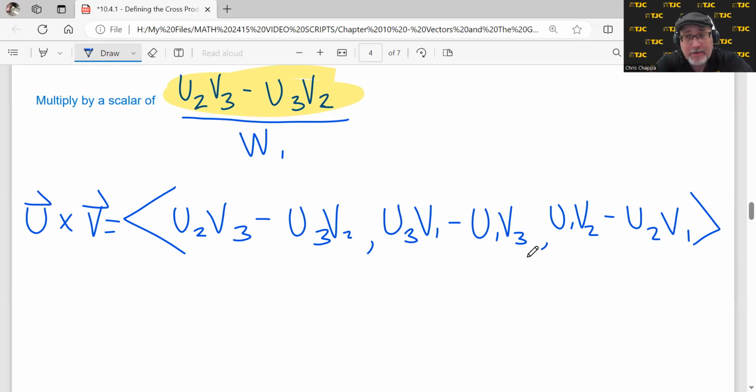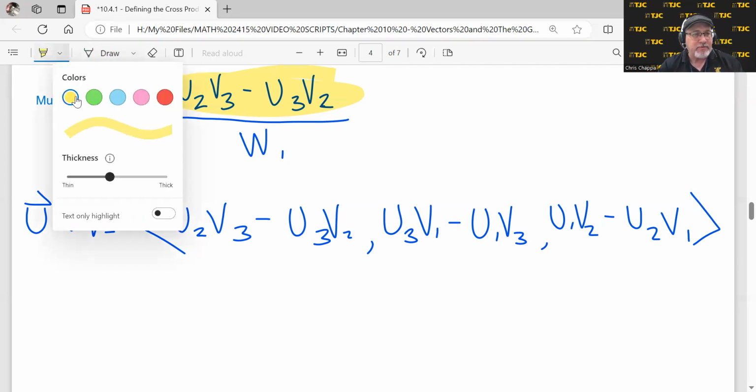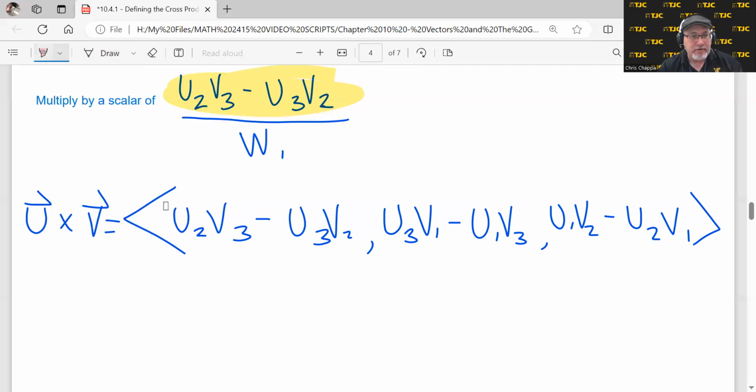I'm going to make one comment to wrap up this video. In the next video, I'm going to show you some gimmicks for memorizing it and evaluating it. But you'll notice some consistencies and similarities amongst the components. For example, the first component has no 1 subscripts. The second component has no 2 subscripts.